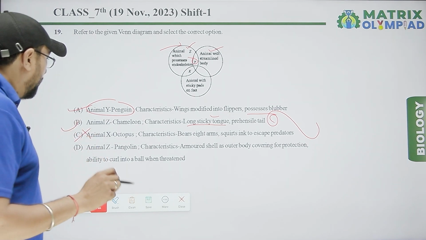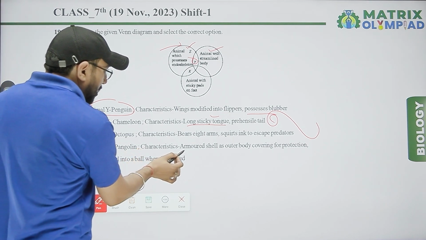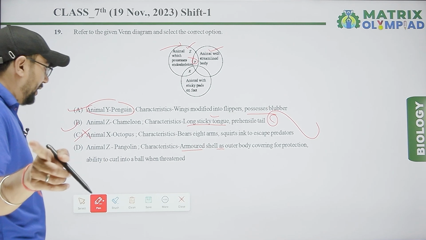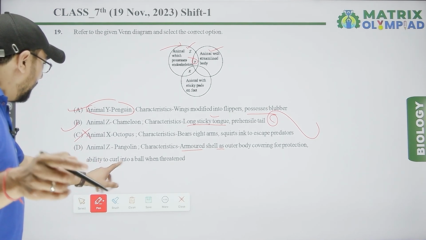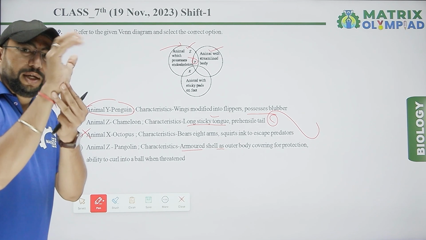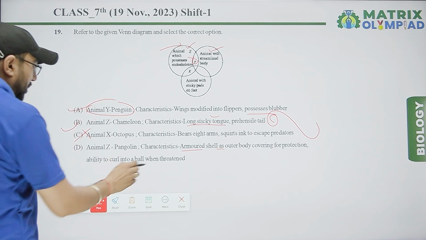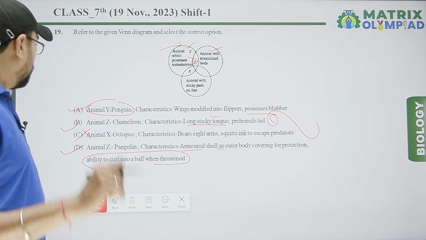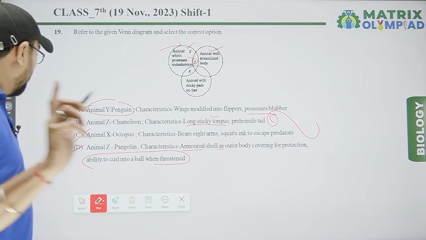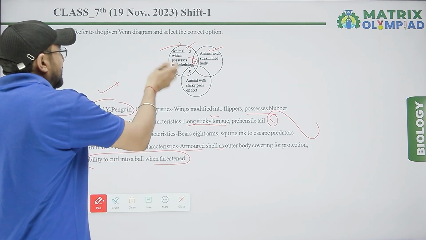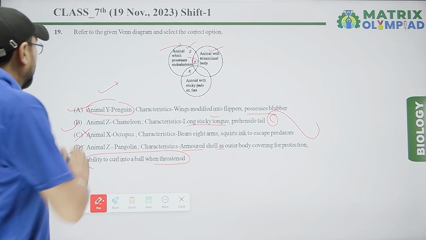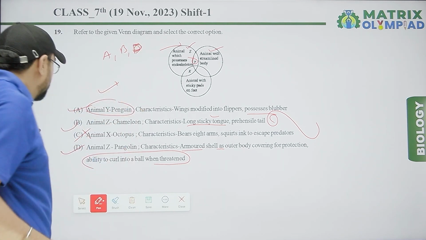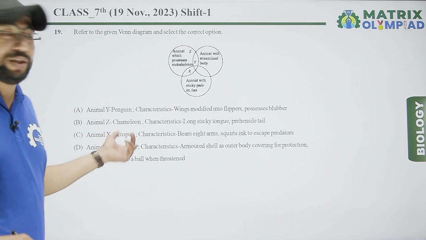Animal Z, pangolin, characteristic armored shell as outer body covering for protection, that is right. And ability to curl into a ball when threatened, that is right for pangolin. So options A, B and D are right for this Venn diagram. Multiple answer, A, B and D. Next.